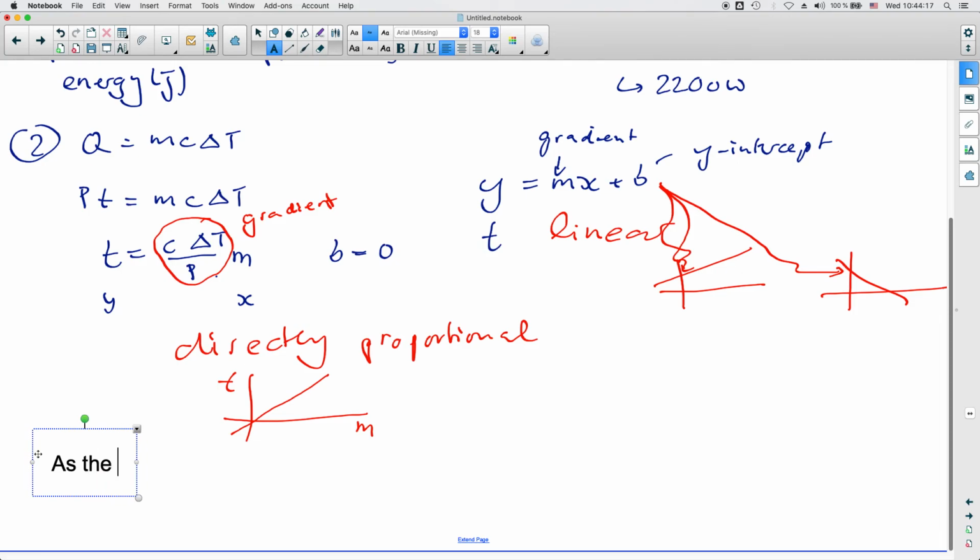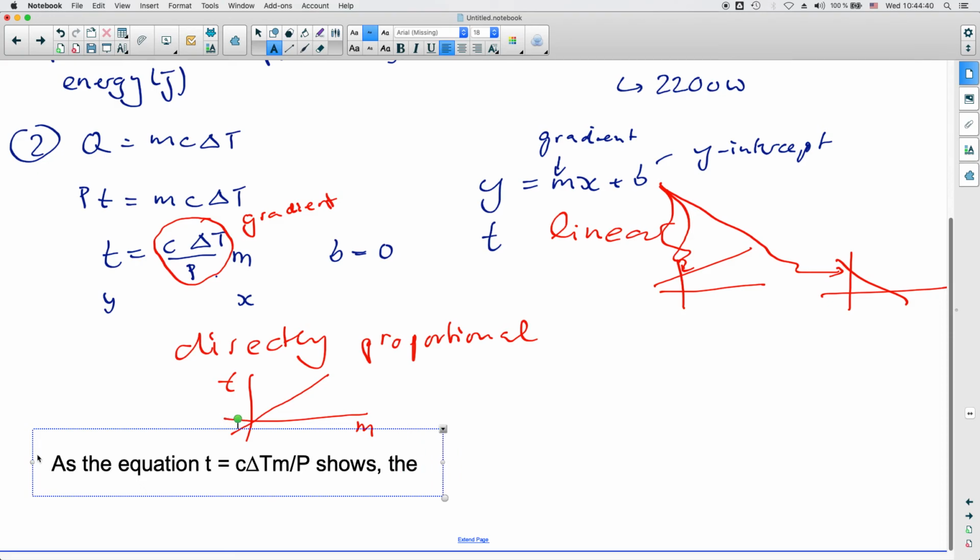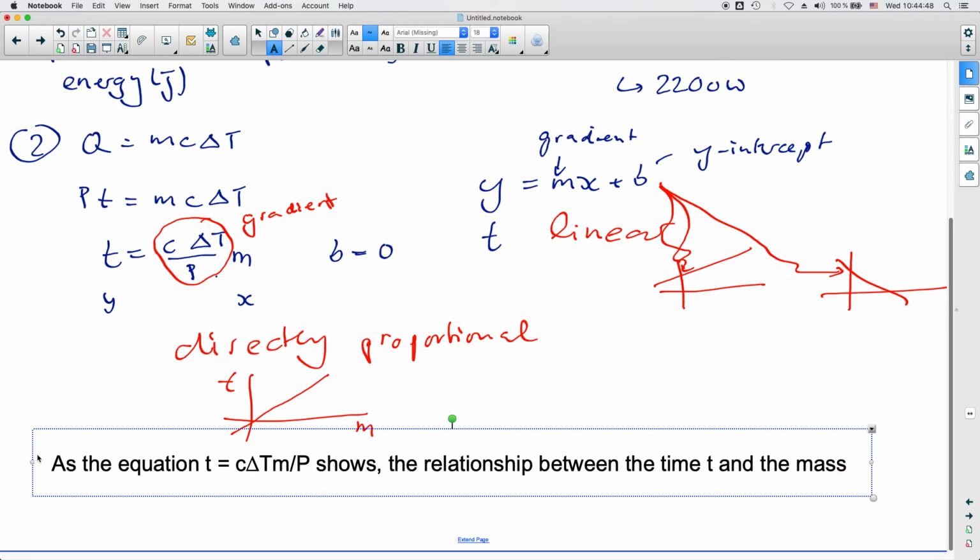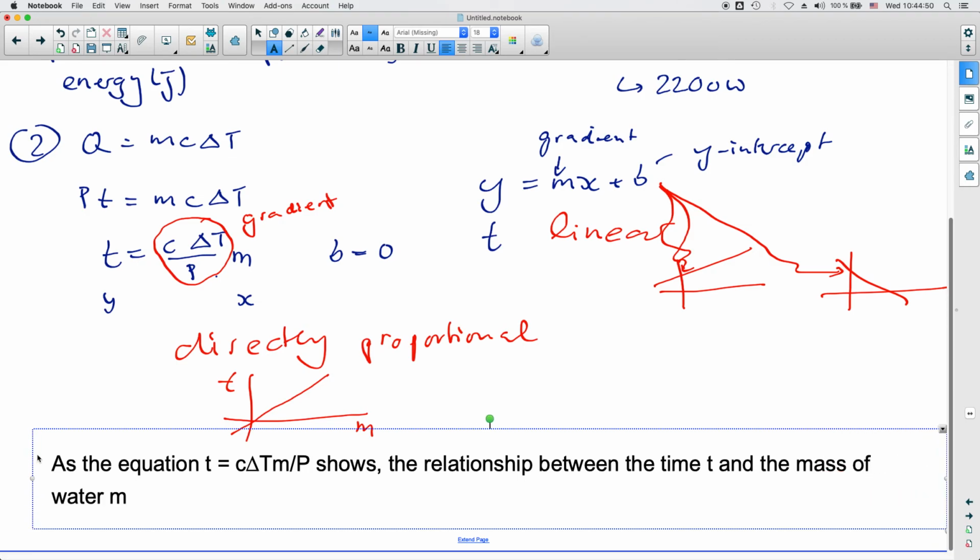As the equation T equals C delta T M over P, I can't write a nice fraction on this device here, shows the relationship between the time T and the mass of water M is directly proportional.